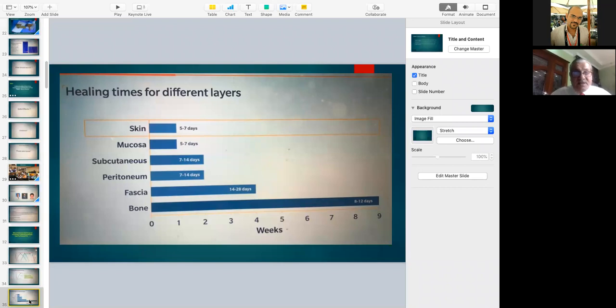The skin takes 5 to 7 days, mucosa 5 to 7 days, subcutaneous 14 days, fascia about 14 days, and bone takes a long time. That's why the suture should be removed after 2 weeks, because the subcutaneous layer takes this time for healing.